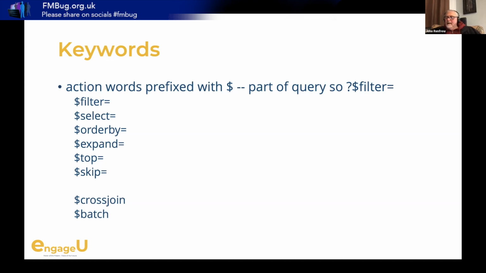Therefore, anything that's an action word is prefaced with a $ sign to differentiate it from being a field name or something else. So words like filter and select all have a $ in front of them whenever you see them, if it's an action.